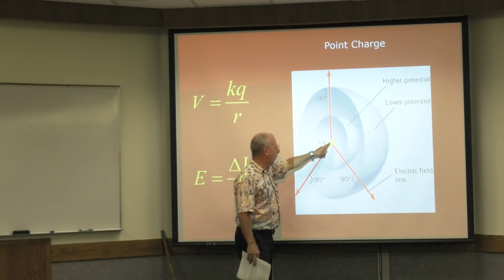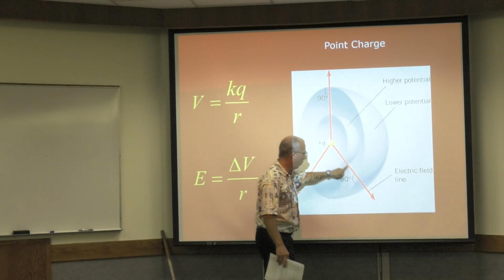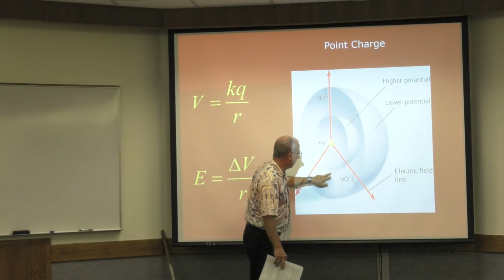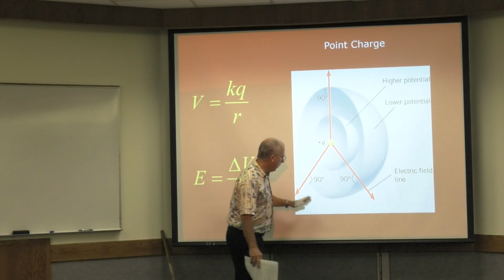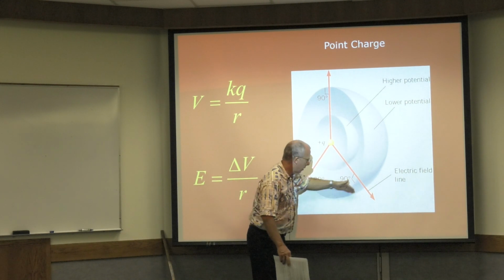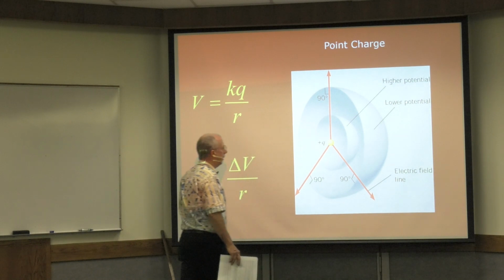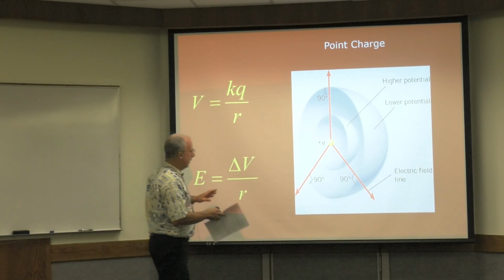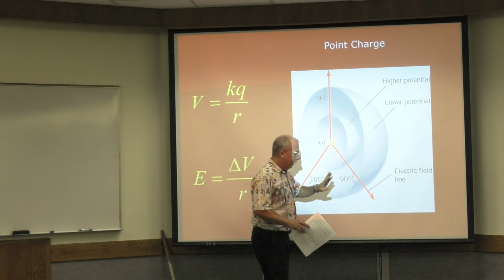E-field lines point away from the Q. These are spherical surfaces, so there's always going to be a 90-degree angle between the E-field line and the surface of the sphere. And something else here, we'll talk about this later.